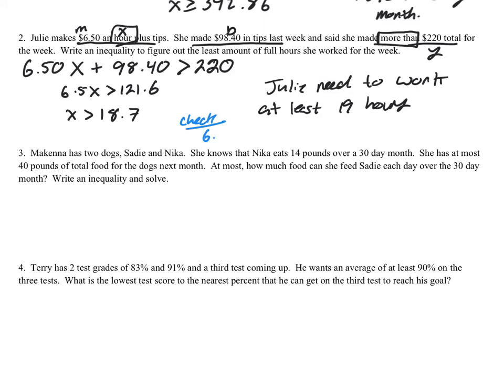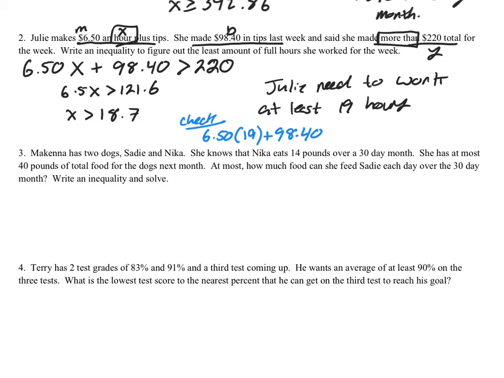So if she makes $6.50 per hour and she works 19 hours, let's multiply that by 19. Plus, she already made $98.40 in tips. So let's see what happens when we calculate that.